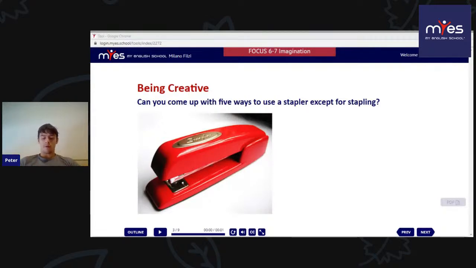So one use of a stapler could be a paperweight. What about any other uses? What other uses can you think of for a stapler? So we have a paperweight, something that stops paper from moving.